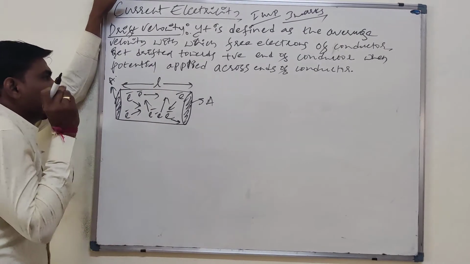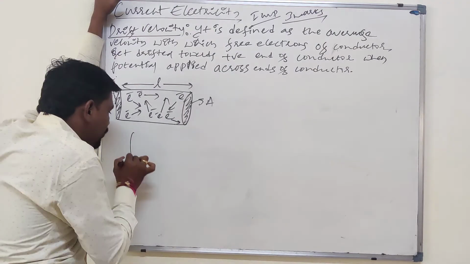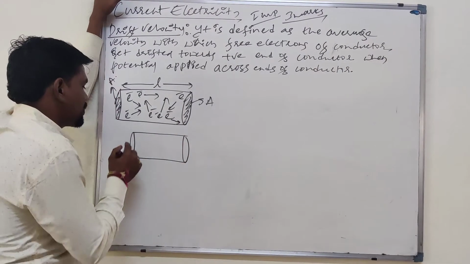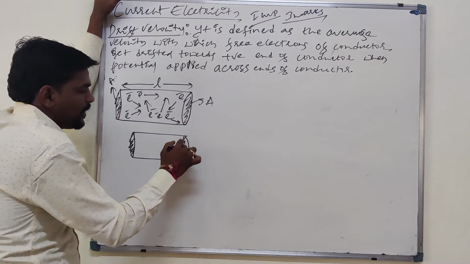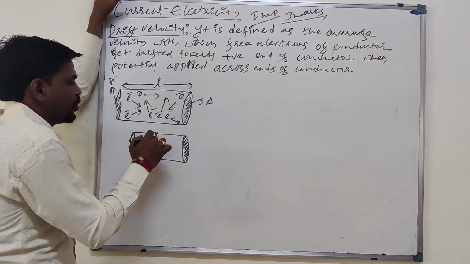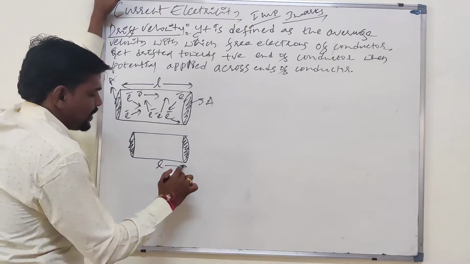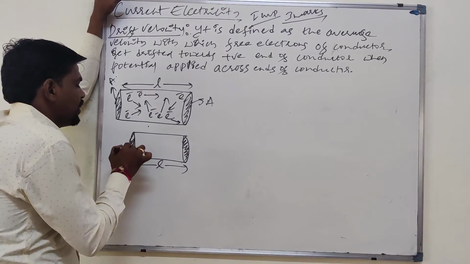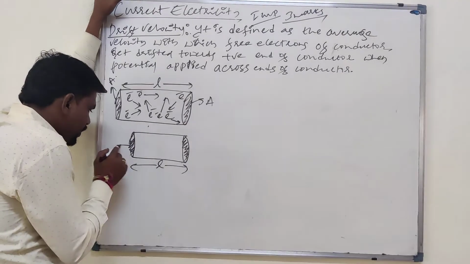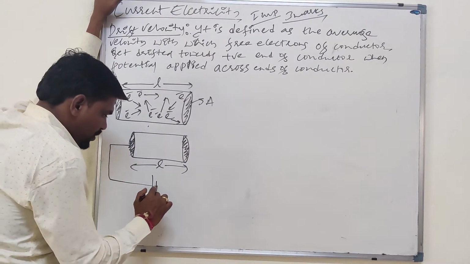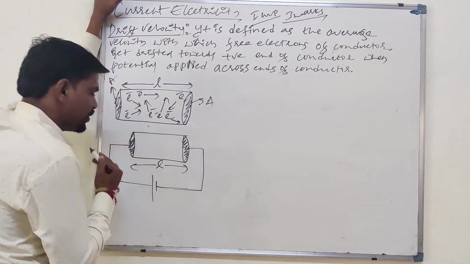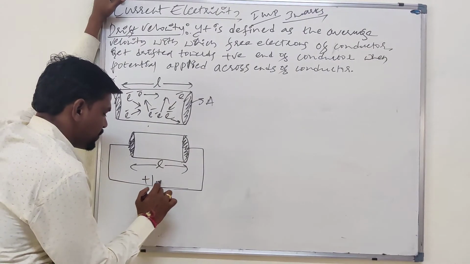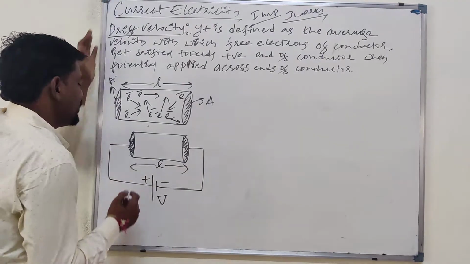Now if to this conductor we give a potential difference, here once again I am going to draw the same diagram. This is the length of the conductor, and I am going to give the potential difference to this conductor: this is plus, this is minus. So what happens here?